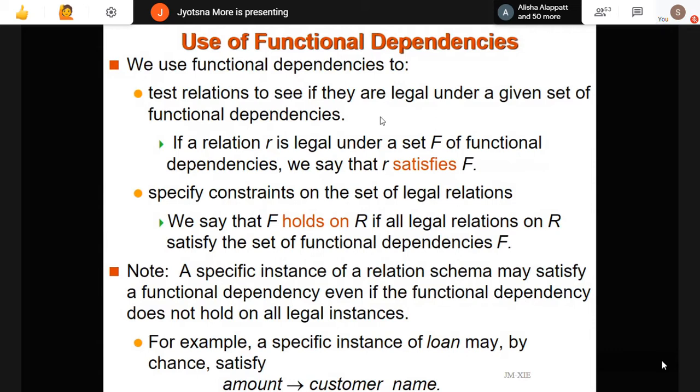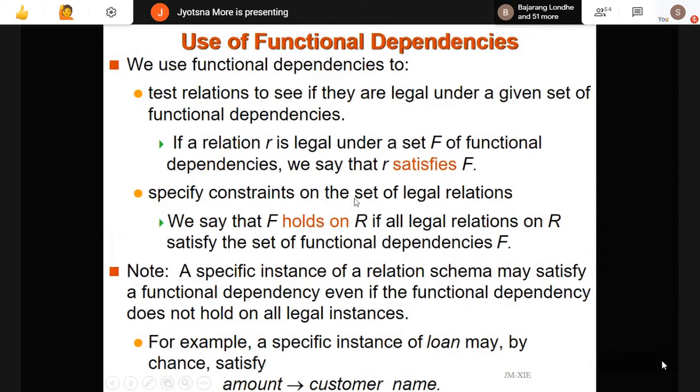If a relation R is legal under a set F of functional dependencies, where capital F is known as a set of functional dependencies, or any one functional dependency, usually we denote it with F, we say that R satisfies F. So to test whether the relation is legal or not, functional dependency is used.